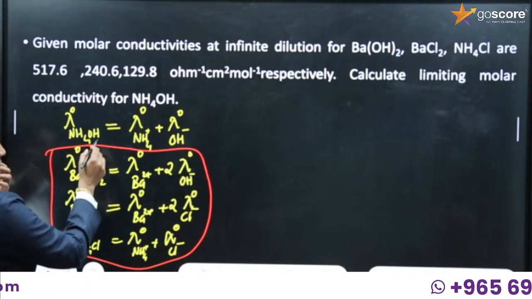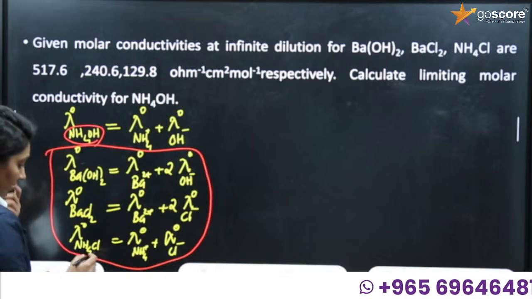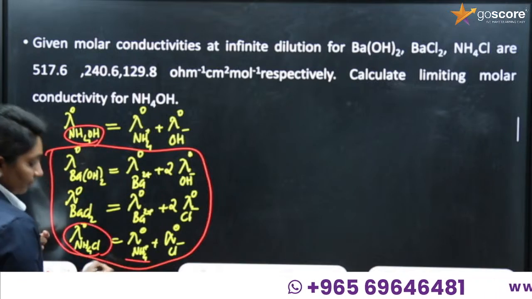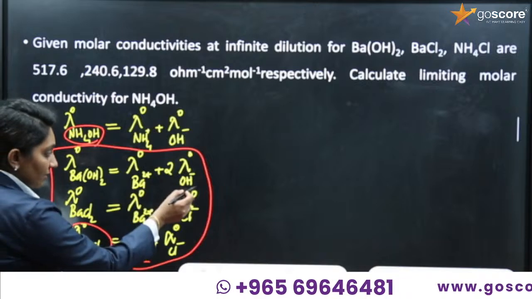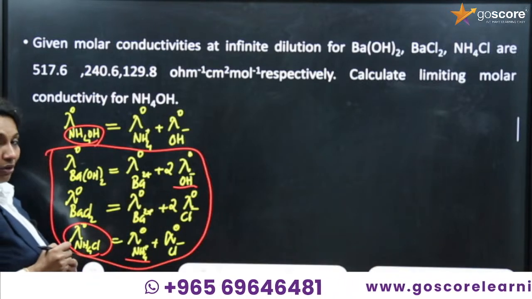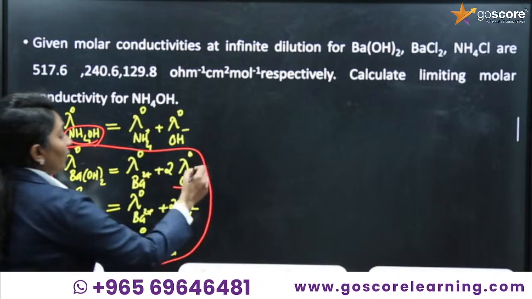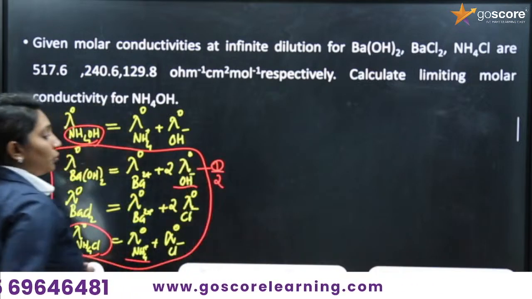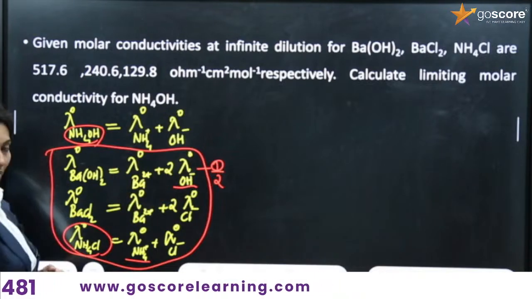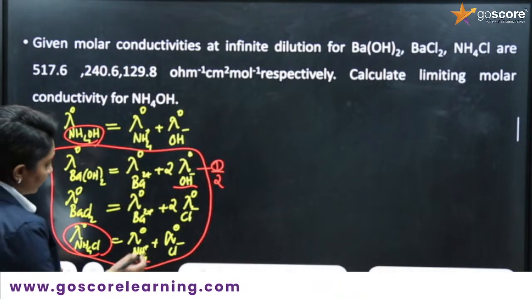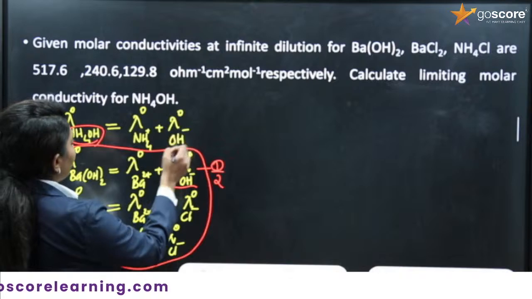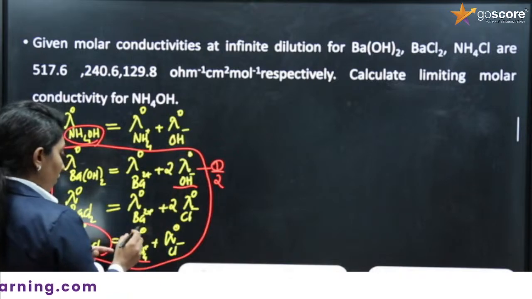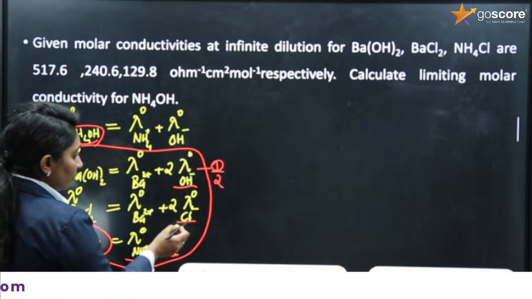So from these three given data, how can you find out the value? You want to find out for NH4OH, right? So you want this one, okay, plus, but here 2 into OH minus is there. So you have to divide the first equation by 2. Then you will get the OH value, right? Then NH4OH, you got. Here one chlorine was there that you want to remove.